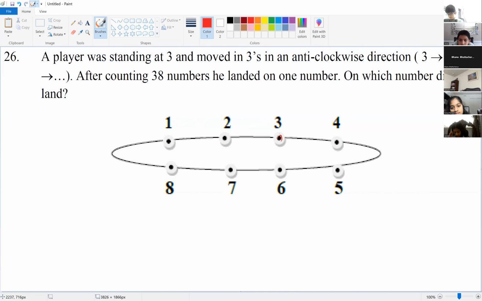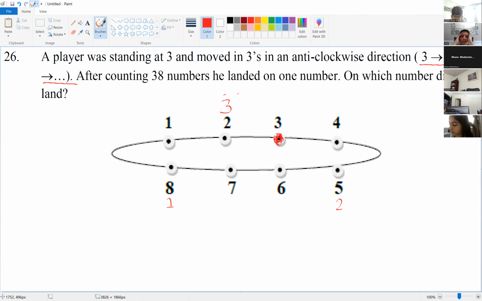So starting at 3. What is the first number you'll count? 6. No, you're not looking at the pattern. 8. So that's the first number. Second number? 5. Third number? 10. There is no 10. What number you'll land next? 2.